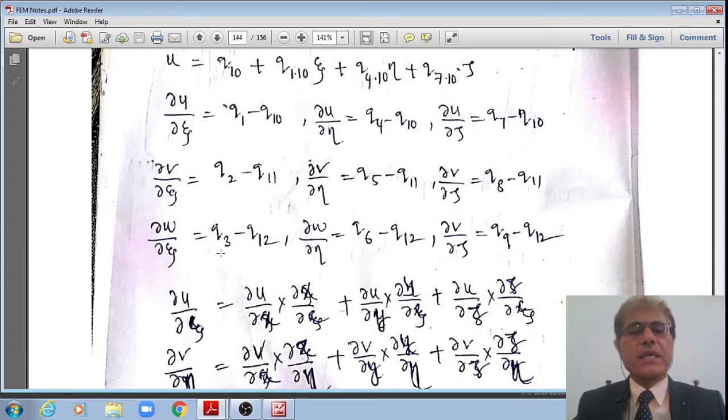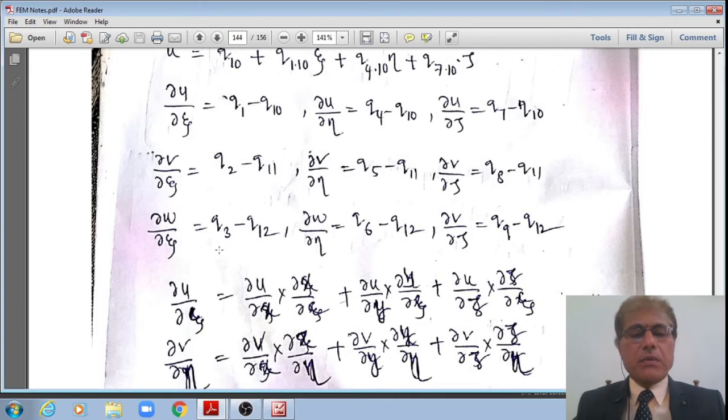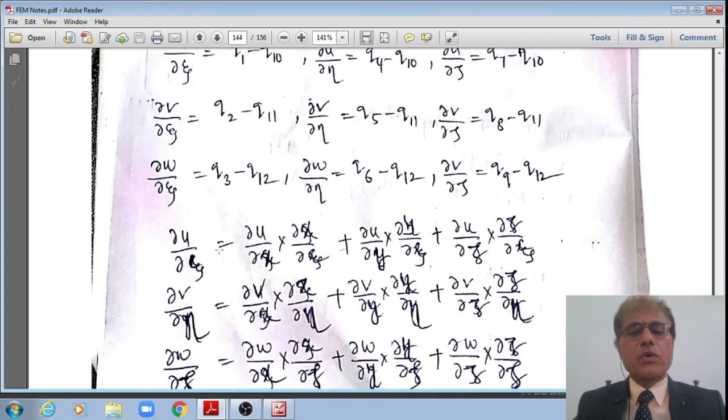Then once I get these values, I'll go to the chain rule of differentiation, because here the u displacement is a function of the xyz Cartesian coordinate system. However, these xyz coordinates are mapped with the local coordinate system xi, eta, zeta.